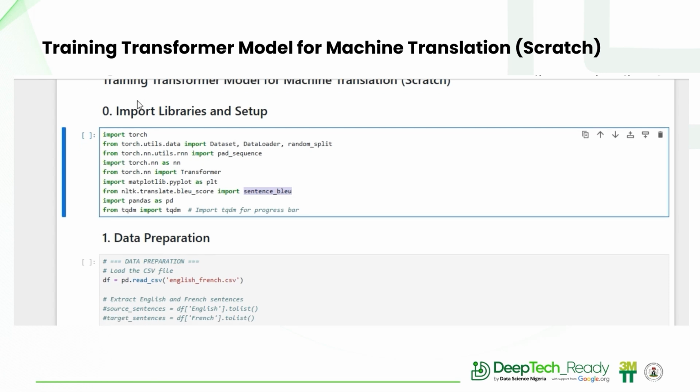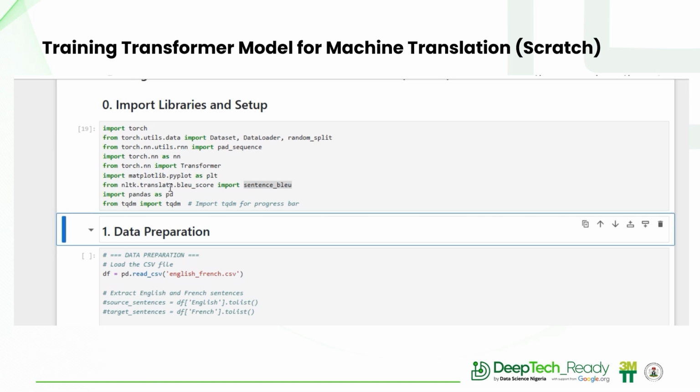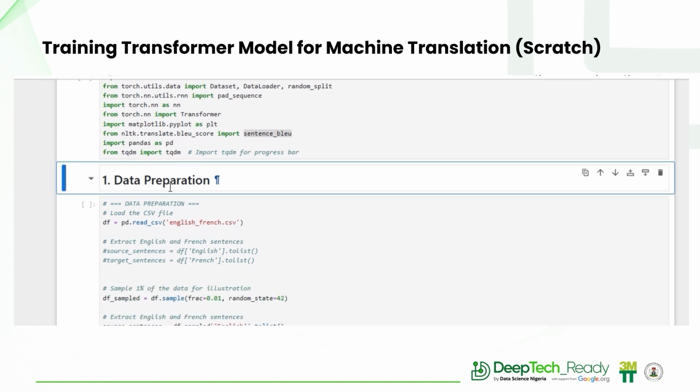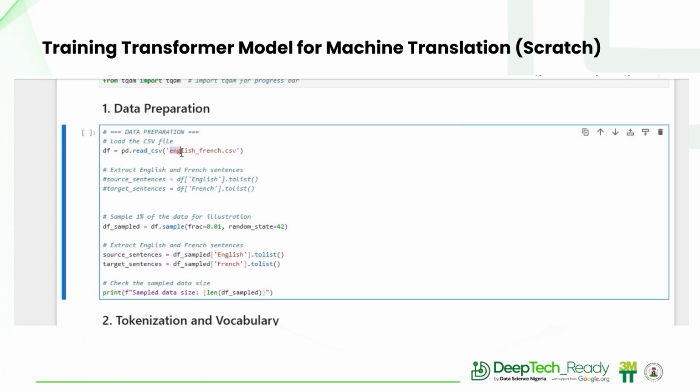If you run this, close this, and then the next step is to prepare the data. So we're importing this particular CSV file from the same directory. But since training these models can take a really huge amount of time, and I simply want to illustrate, I don't want to use the entire data, so I'm taking 1% of the data.